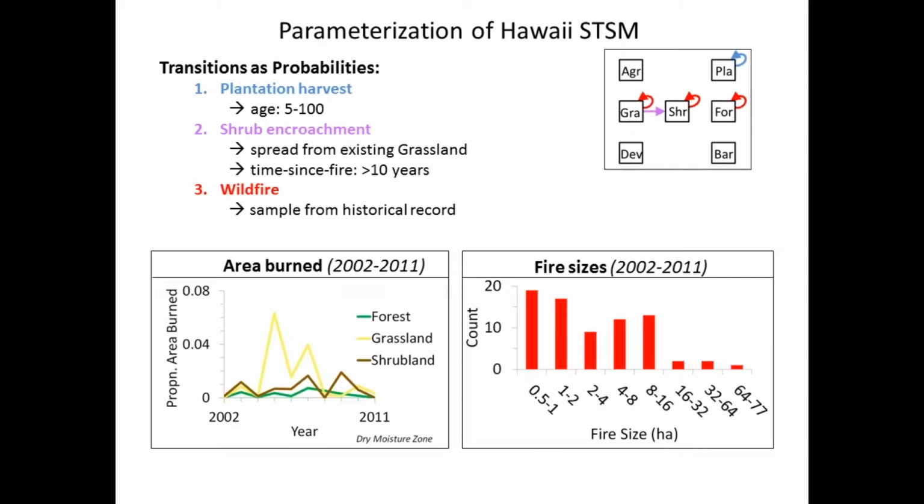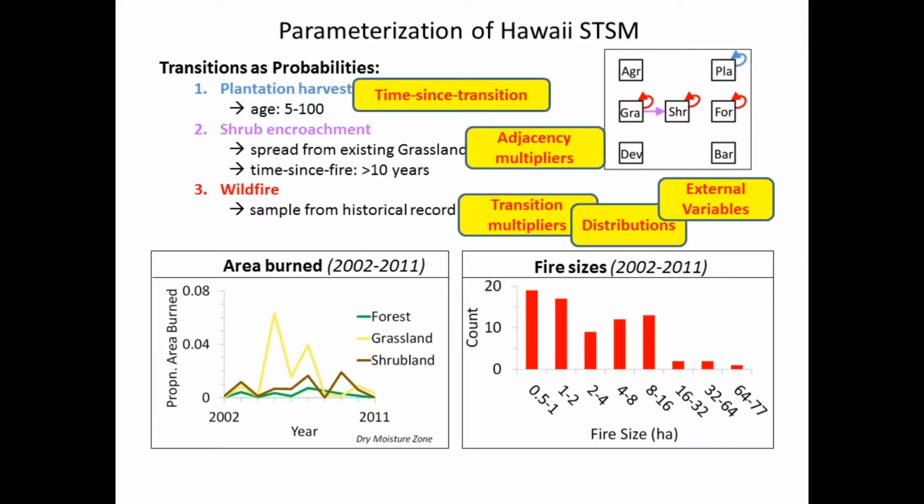And the wildfire, which is the more interesting one, was modeled very much the way we described it in the advanced course yesterday, where we were making the wildfire probabilities match the historical record of area burned and fire size distribution. There are several features there, but for the wildfire, for example, we used temporal transition multipliers, sampling from distributions and external variables to drive those.